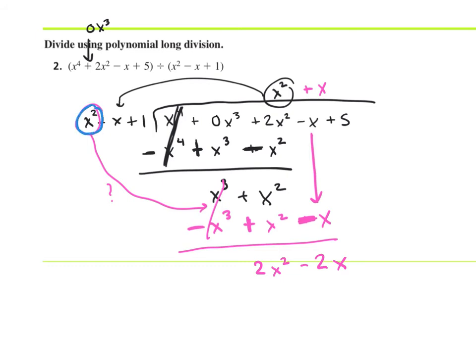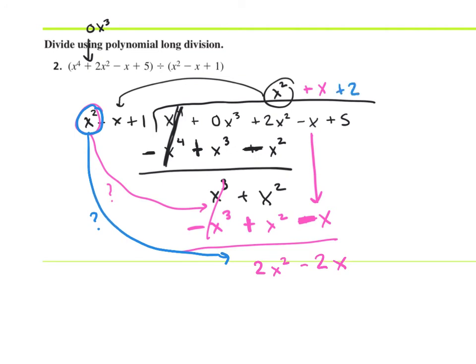What times x squared gives us 2x squared? What can we multiply by x squared to get 2x squared? Just 2.